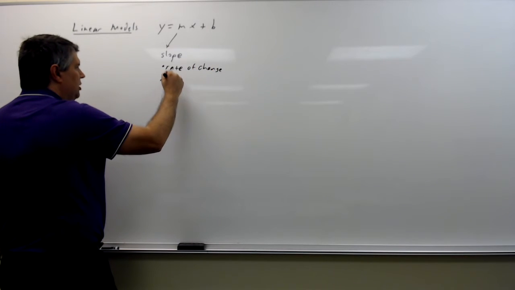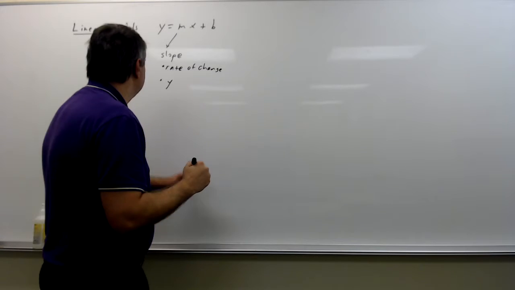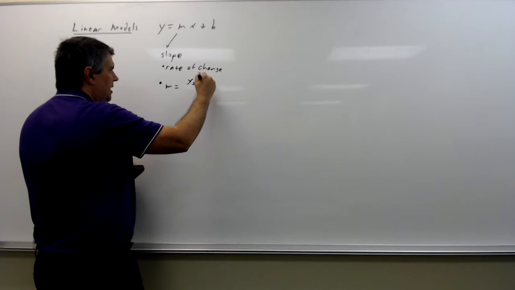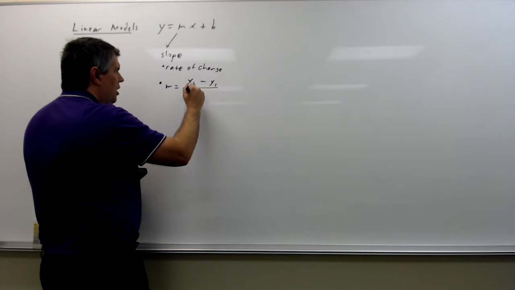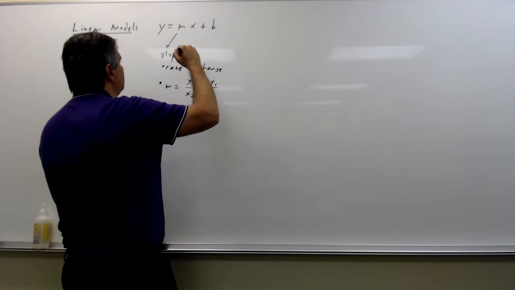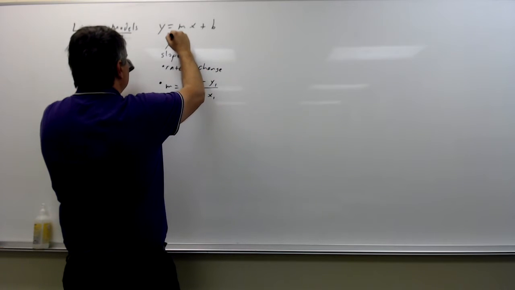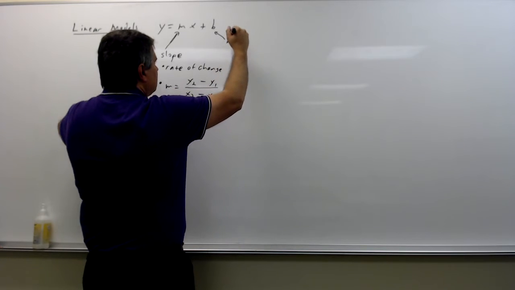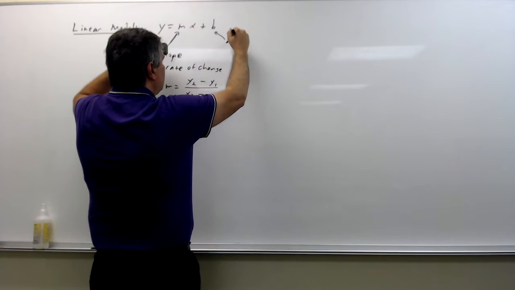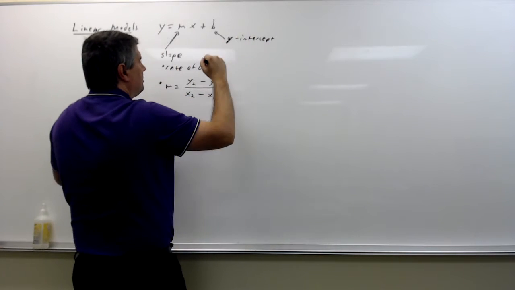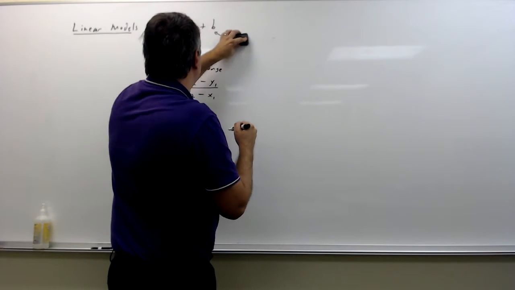And the formula usually given is m equals y sub 2 minus y sub 1 over x sub 2 minus x sub 1. And this is the intercept, the y-intercept, also just called the intercept. I think I'm just going to call it the intercept this time.